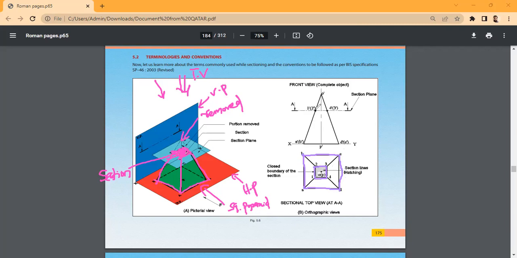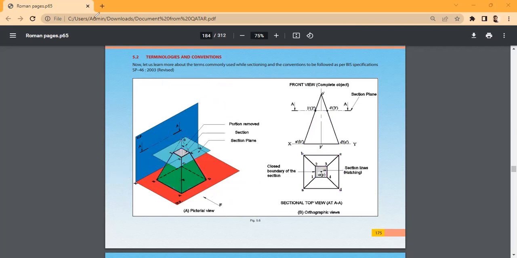Then what is the front view? The front view is a trapezium, right? Yes. Okay, clear.